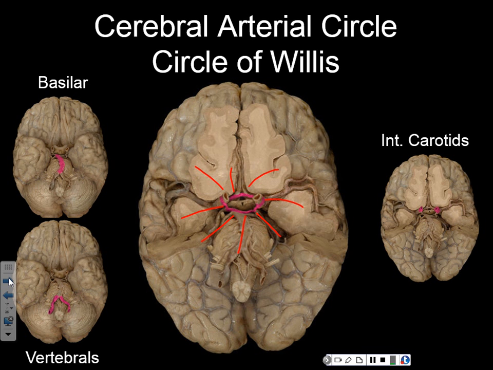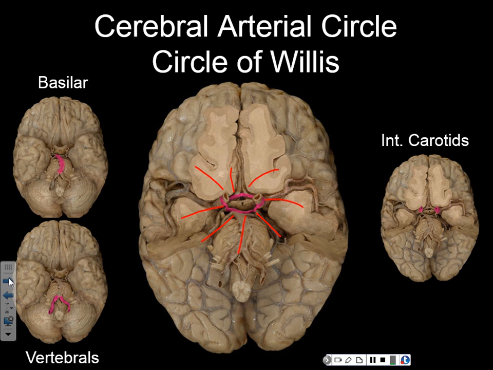The cerebral arterial circle starts off with the vertebral arteries that go up to the head, inside of the vertebral foramina. The vertebral arteries go up and join to form the basilar artery, which is called basilar because it's at the base of the brain, right by the brainstem. So it runs across like that, and then gives rise to the one in the front here.